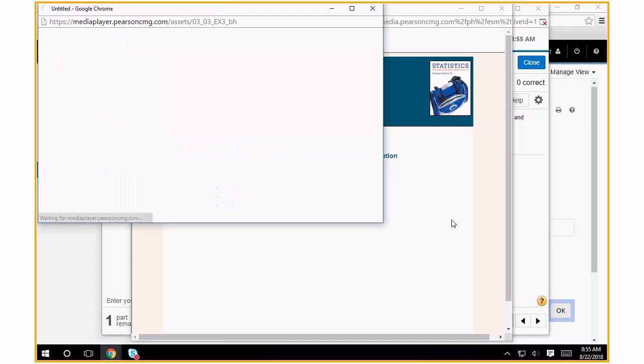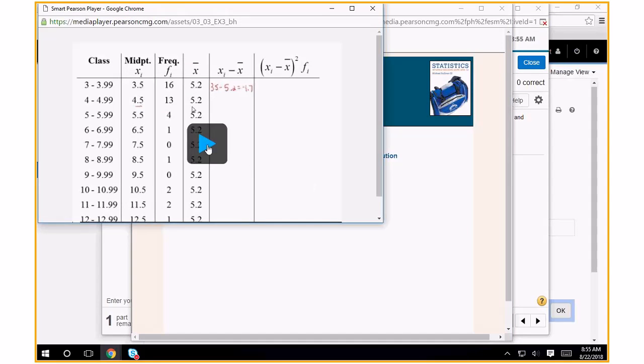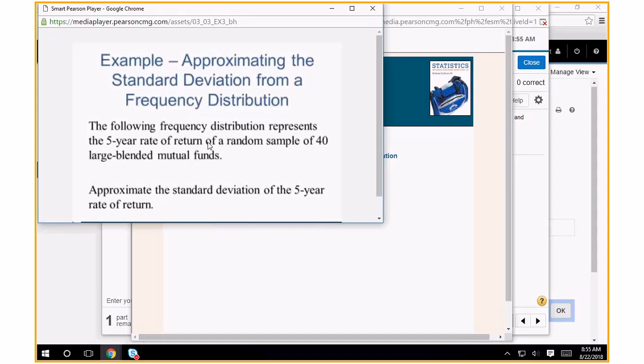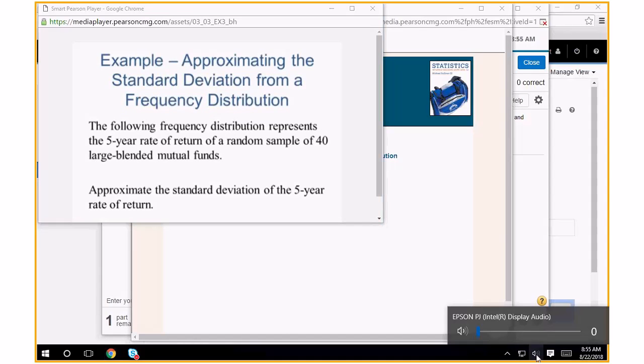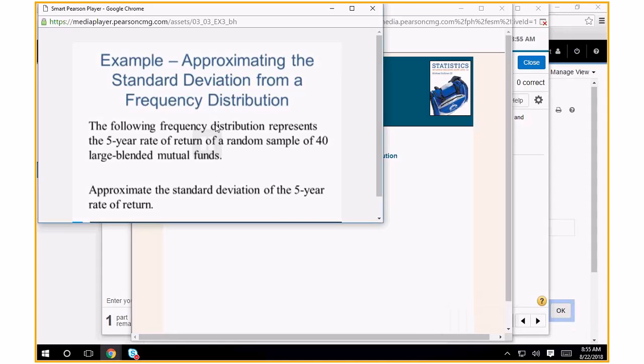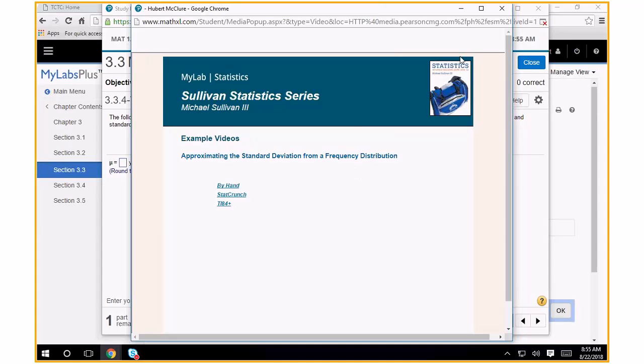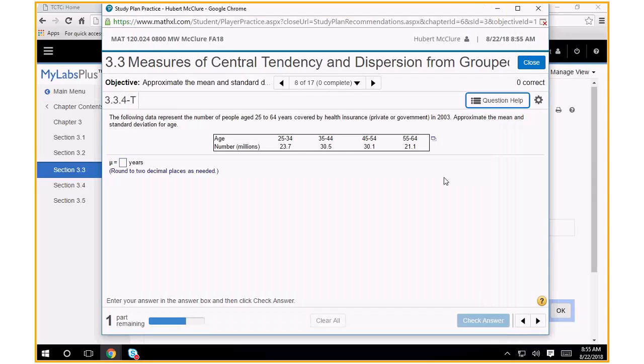Okay, by hand. And it gives you several videos, and it goes through and does videos. Okay, so I'm not going to go through and show you the video. Now, I'll explain why there's so many different learning styles in just a minute.